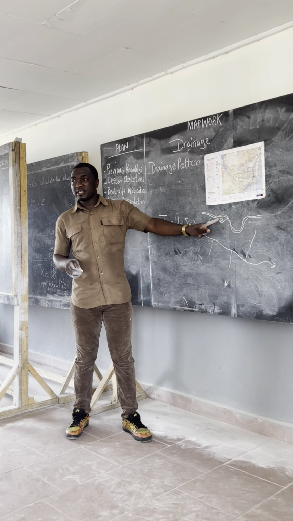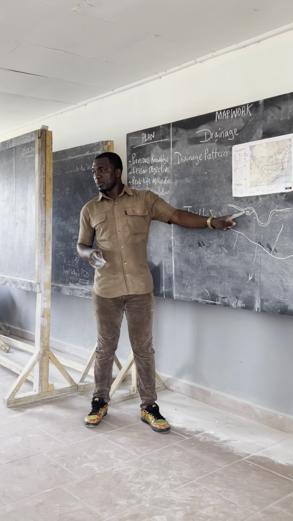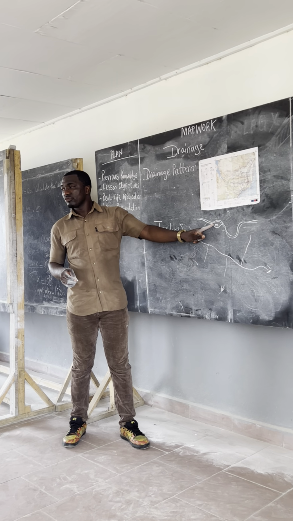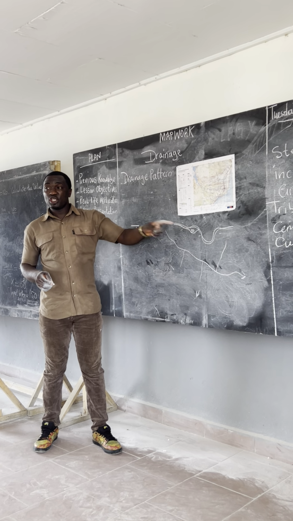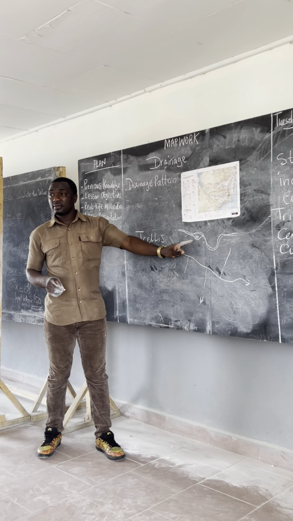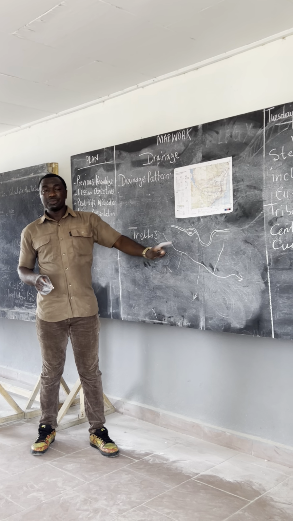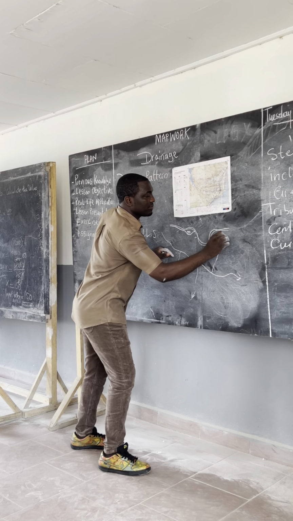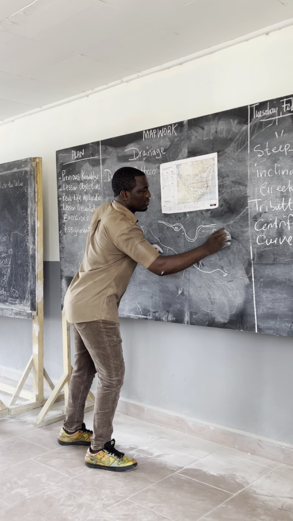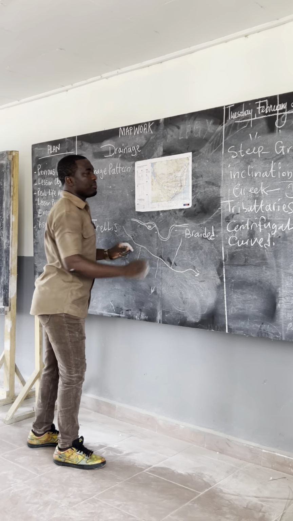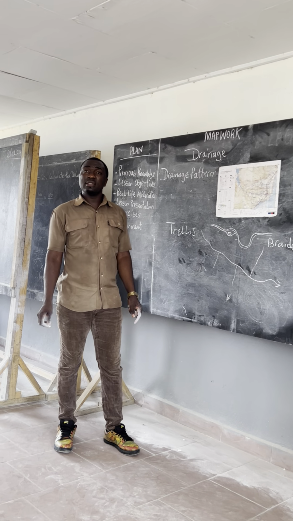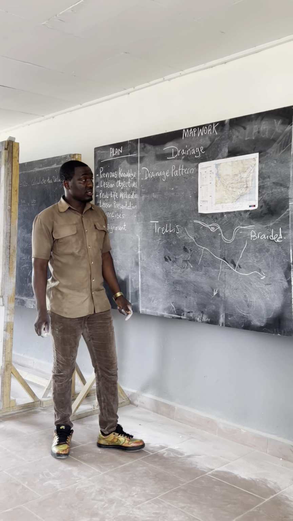What type of drainage pattern is this? What type of drainage pattern do you have here? That is a braided pattern. A braided pattern develops on lowland due to obstacles.